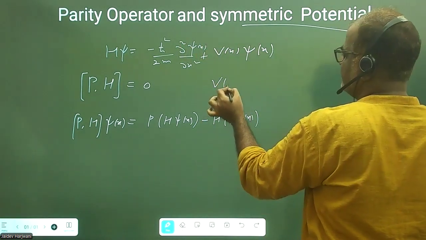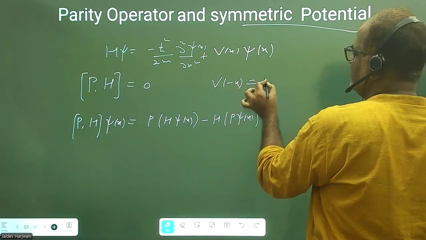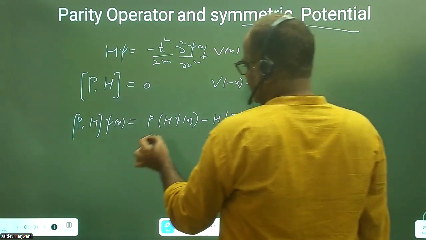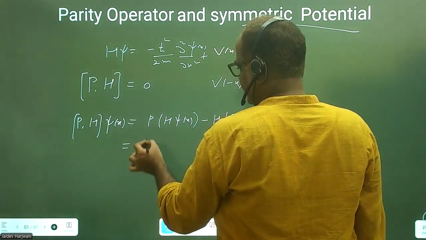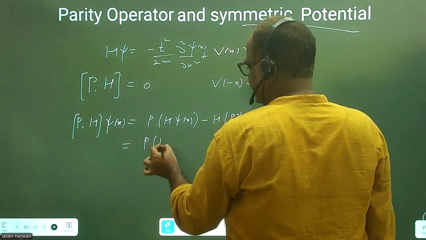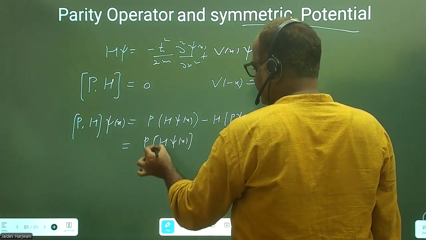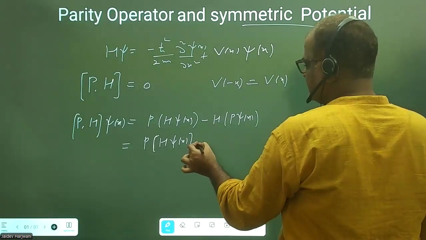Potential symmetric means V(minus x) is equal to V(x). First, let me operate P on H psi(x), and I will calculate the other term later.